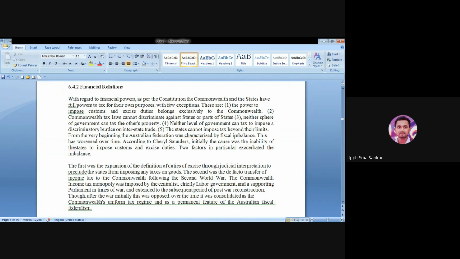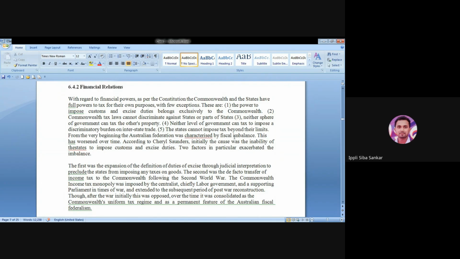Commonwealth means national. Commonwealth tax law cannot discriminate against a state or part of a state. Neither sphere of government can tax the other's property. Neither level of government can tax or impose a discriminatory burden on interstate trade. The states cannot impose tax beyond their limits.